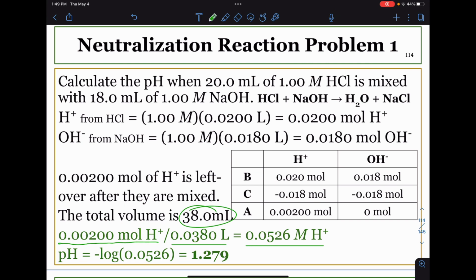Take the negative log of that to find the pH. This pH makes sense. We always need to make sure we do a reasonable check. And this makes sense because we know we have hydrogen ions left over in the solution, therefore it should be an acidic solution. 1.279 is an acidic solution. Anything less than 7 would be reasonable for this problem.